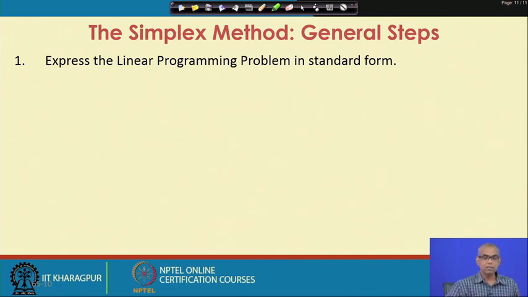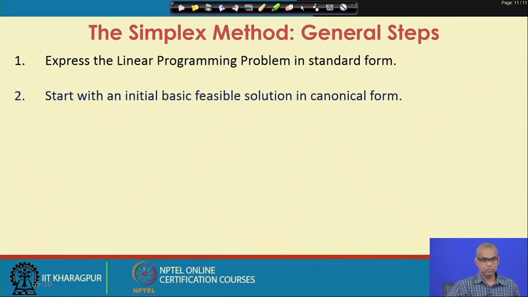So, here are the general steps for the simplex method. First, we have to express the linear programming problem in standard form. We know what is standard form.